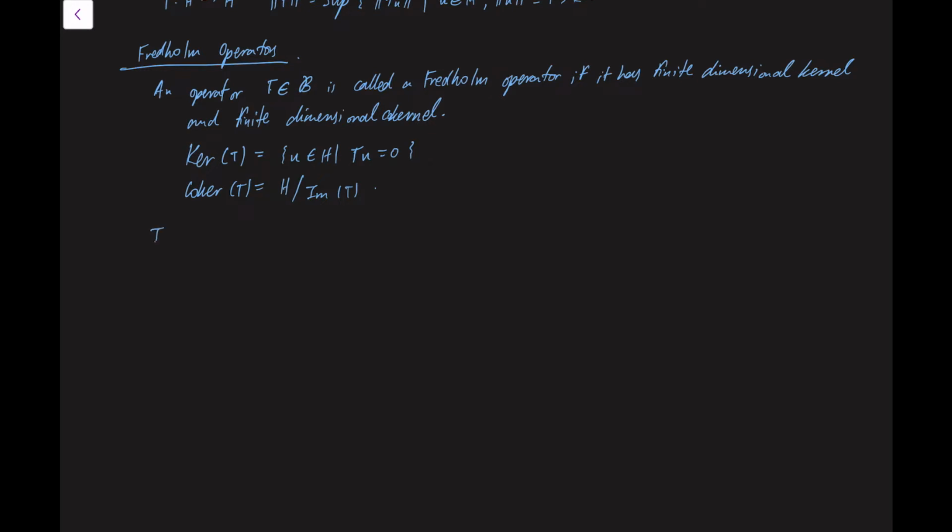Given a Fredholm operator, it makes sense to talk about a quantity called the index.